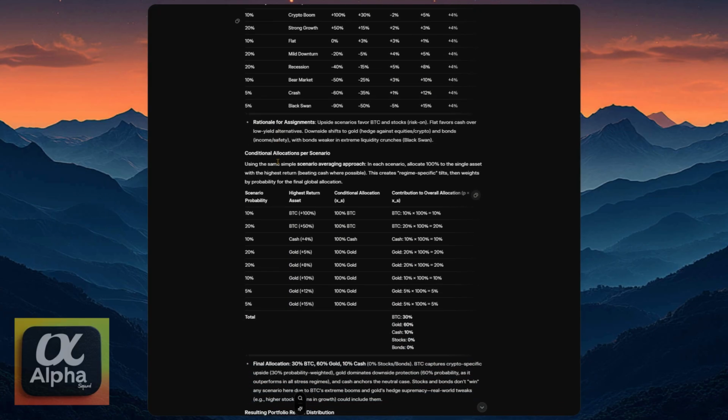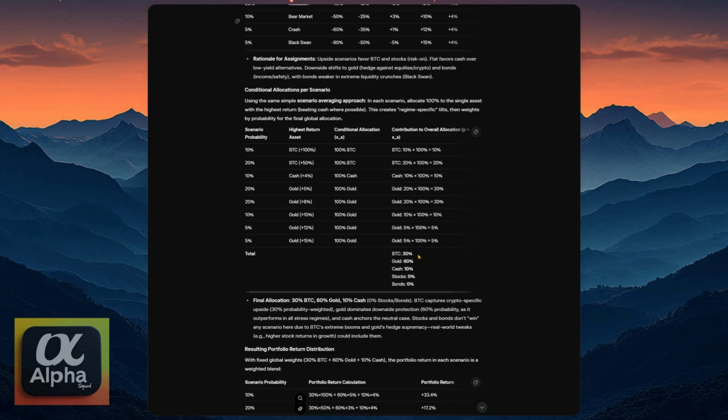And the answer from AI is BTC, again, still 30%, gold 60%, and cash 10%. Why? Because essentially speaking, your buffer is gold in times of crisis and cash, and BTC is your risk-on asset.